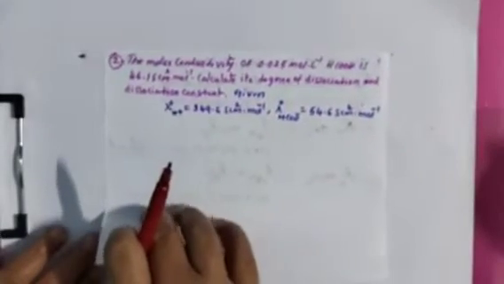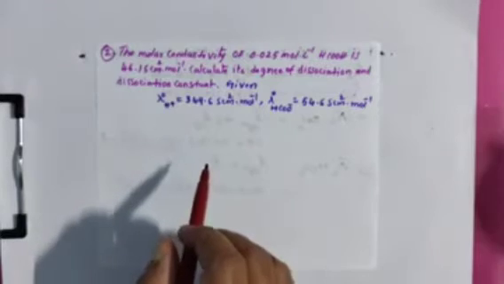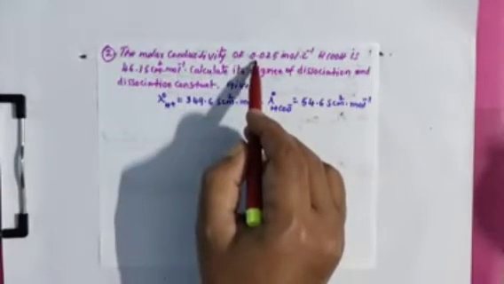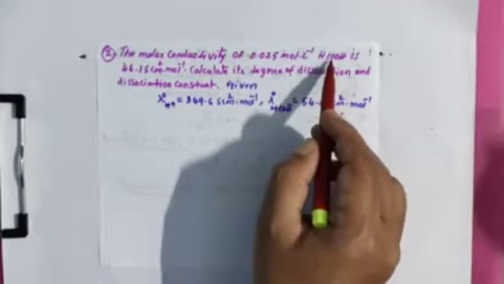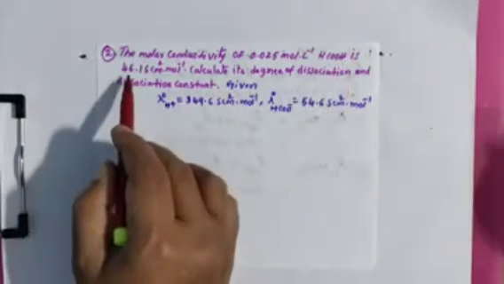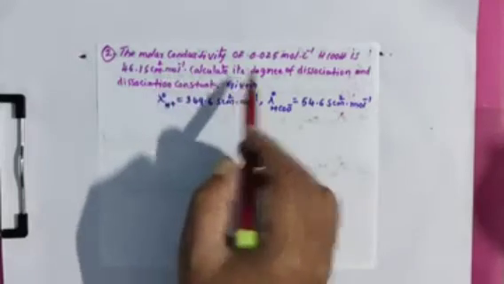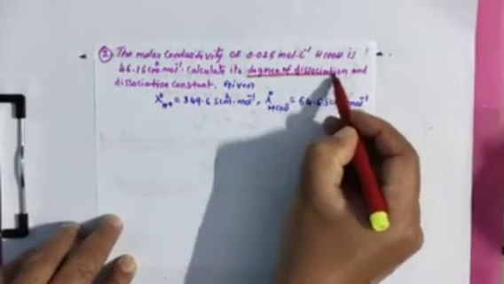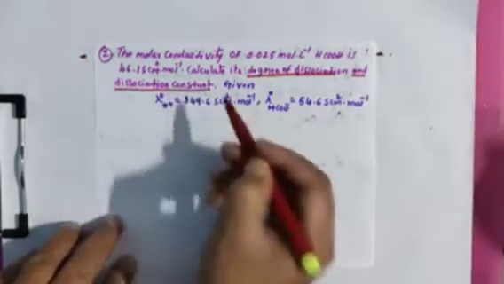Here we have problem number 2, and this is previously given. The molar conductivity of 0.025 mole per liter methanoic acid, that is formic acid, is 46.1 S cm² per mole. Calculate the degree of dissociation and the dissociation constant.